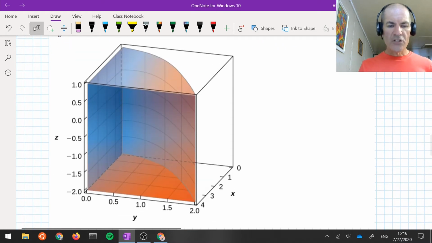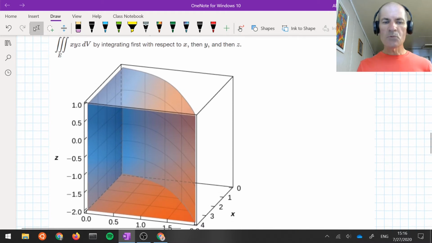In the y direction, a line that's parallel to the y-axis is always starting on this back face and ending on this curved surface. The back face has equation x equals 0, right? Sorry, y equals 0. We're doing y. And the front face is y equals the square root of x. So that seems pretty straightforward.